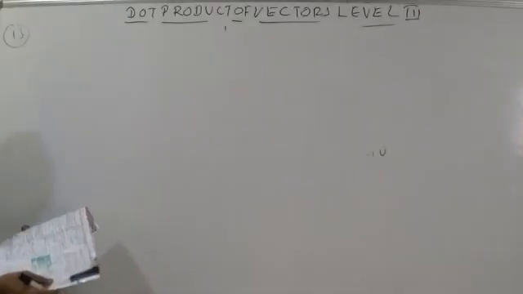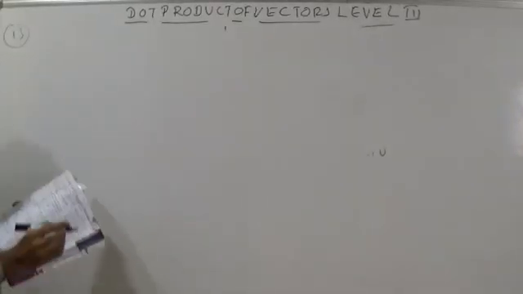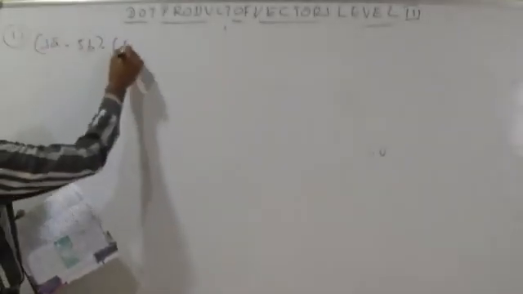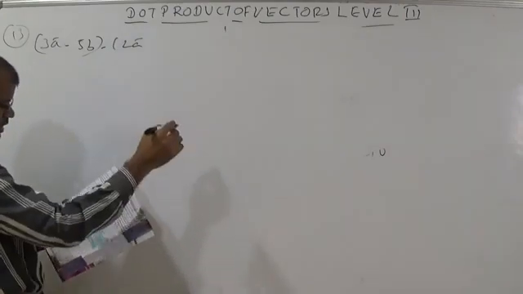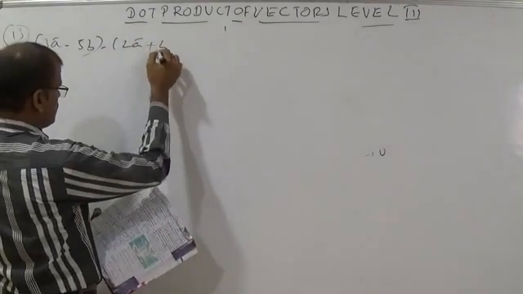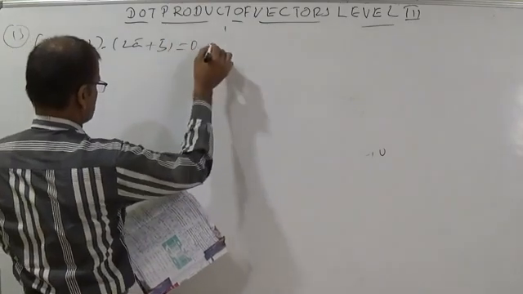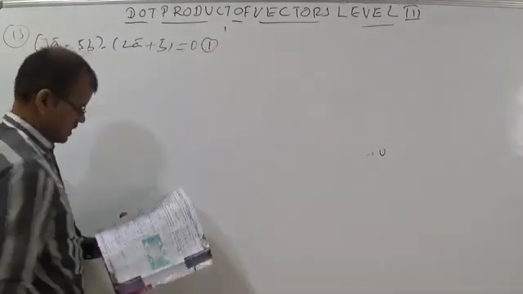Since they are mutually perpendicular, you write (3a minus 5b) dot (2a plus b) equal to 0. This is the first condition.